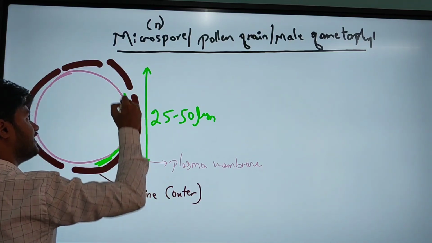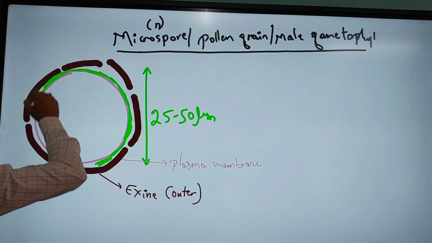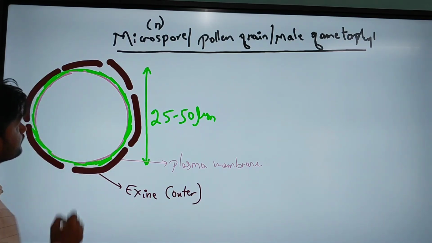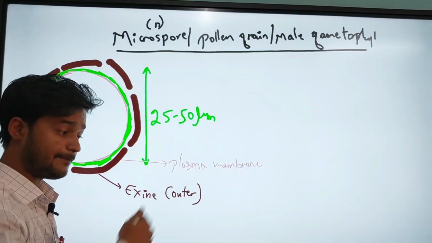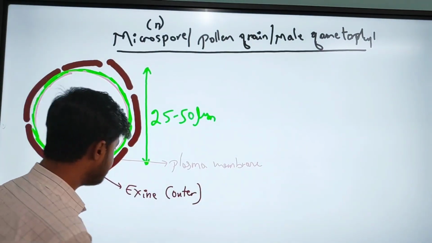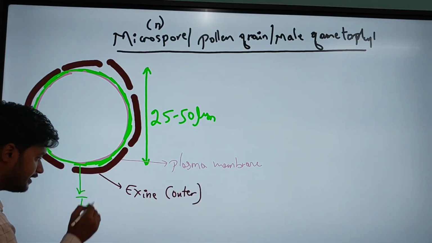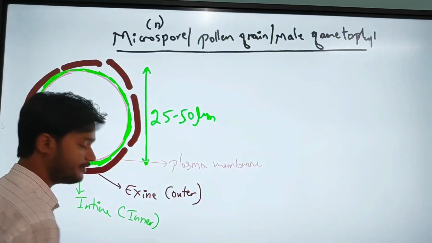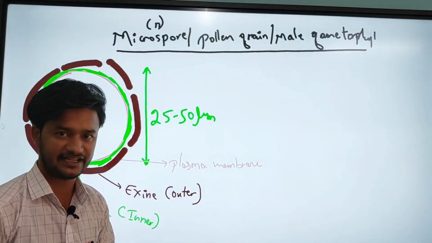So the pollen grain is covered by the plasma membrane, and the plasma membrane is again covered by 2 layers. The inner continuous layer is called the intine, and the outer hard, discontinuous layer is called the exine layer, right?